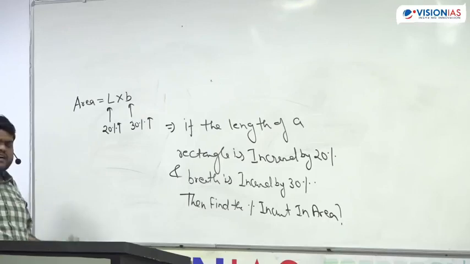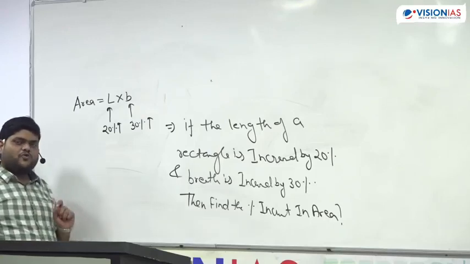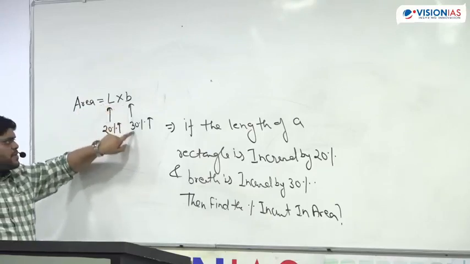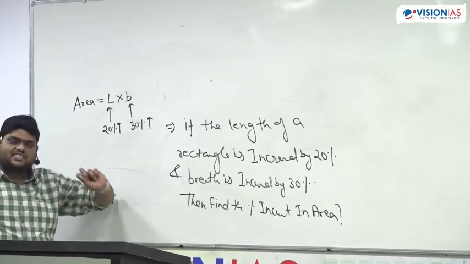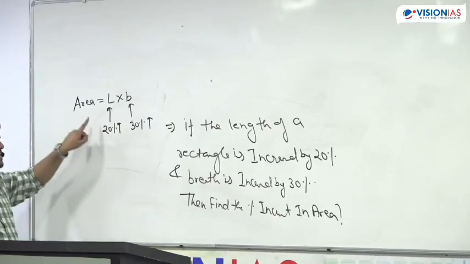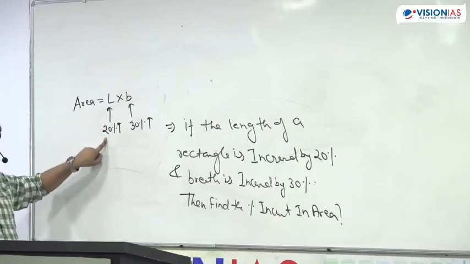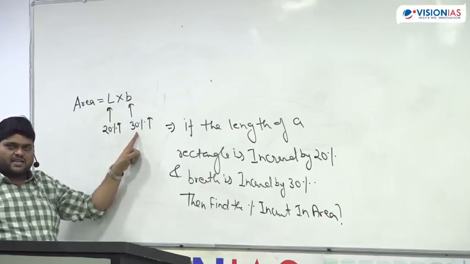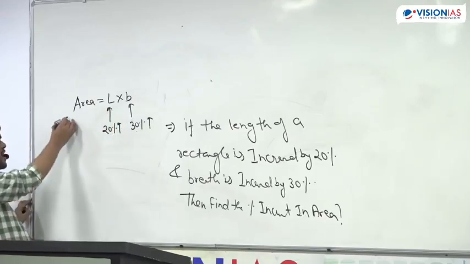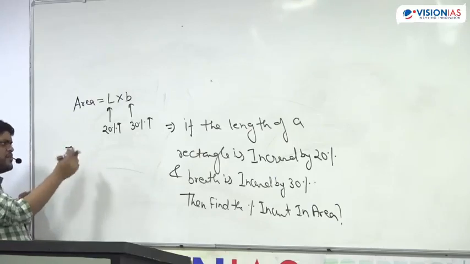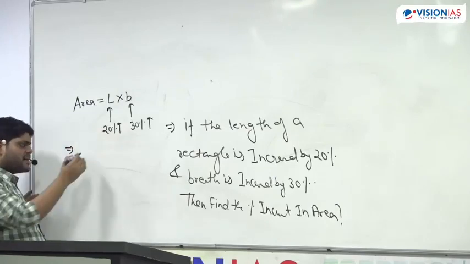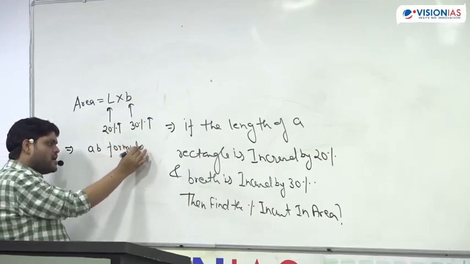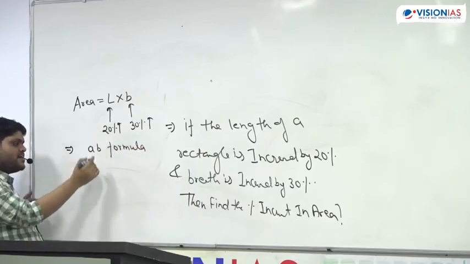When you are increasing length by 20% and breadth by 30%, the simple meaning is you are increasing the area first by 20%, then whatever value comes, you increase that by 30%. So the first approach is the AB formula, because this is a case of successive increment, and both are increments.